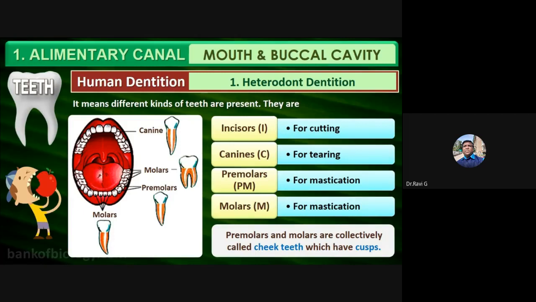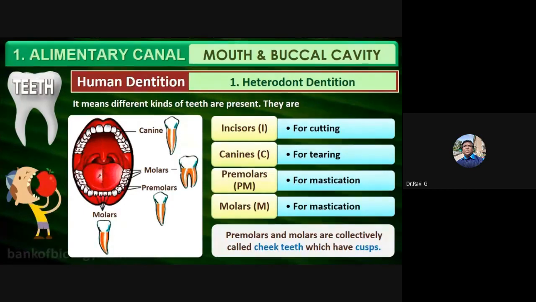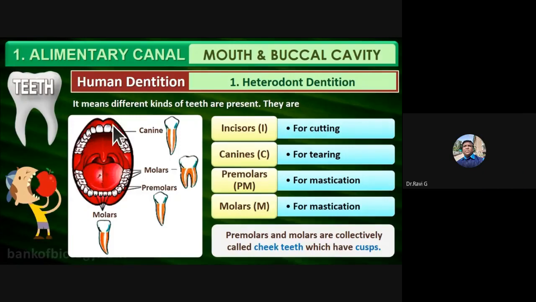Canines are majorly well developed in the carnivorous animals. The canines in us are not as well developed as in carnivorous animals, so we are not completely carnivores either. We do have canines, and they are sharper in nature at the edges.